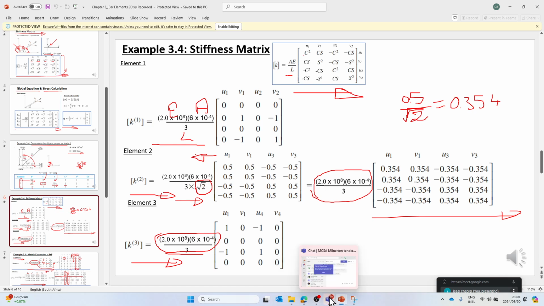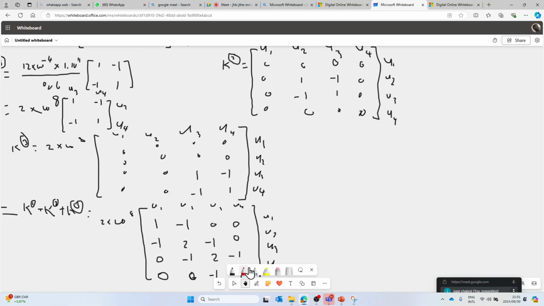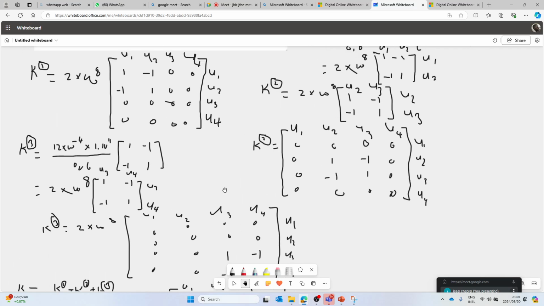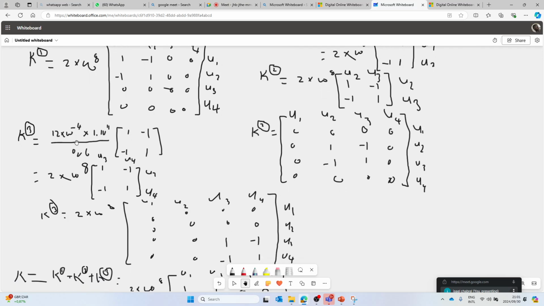Now, let me bring you another example from what we are doing, because I know this one is a bit rough. Okay, Mr. Koso, let me just change something. You agree that, let's say, K1 is what it is here, 2 times 10 to the 8.